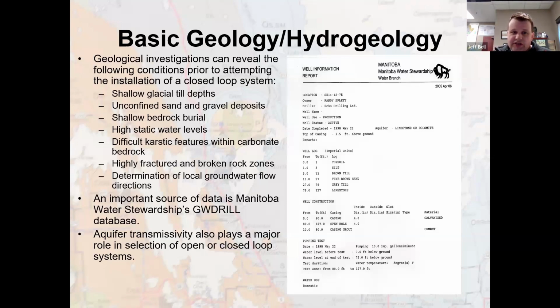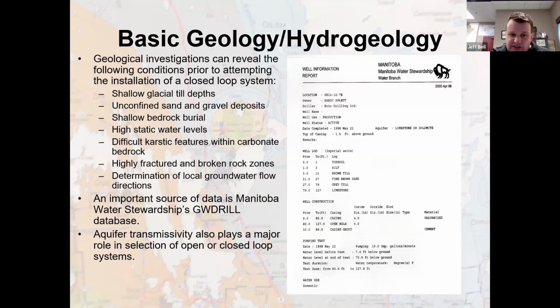Or we see situations where they run into flowing conditions or bedrock conditions, like karstic conditions, that can't be handled with the drilling techniques that they have. So this is just a basic lack of a review of the geology and the hydrogeology beforehand, and this applies to both closed loop and open loop systems.